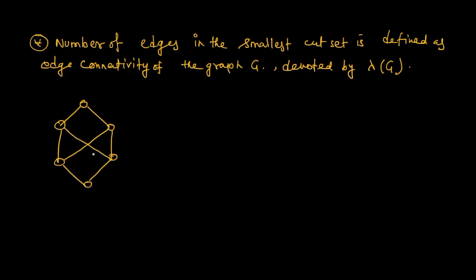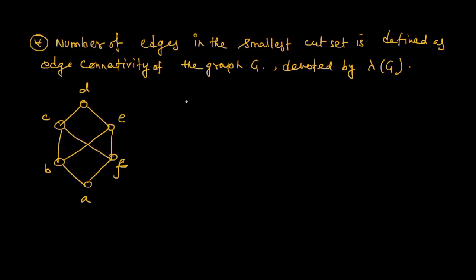Suppose the vertices are A, B, C, D, E and F. So this is your graph. Now find the edge connectivity.